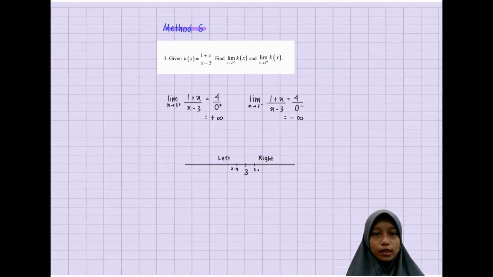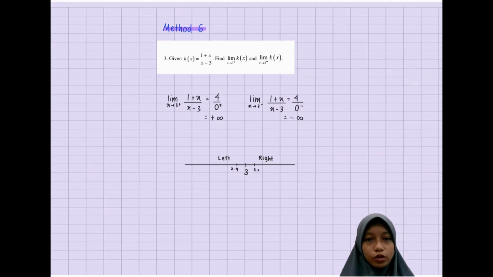So 1 plus x, which is 1 plus 3, equals 4, and x minus 3, which is 3 minus 3, equals 0. When x approaches 3 from the right side, we can assume that the number is 3.1, where you can look at the number line to see where the 3 from the right is.